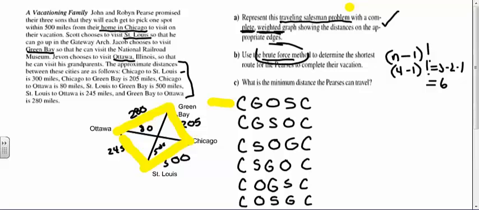So let's scribble that down real quick, or use your calculator. If you take your calculator and add up 205 miles plus 280 plus 245 and 300, you get 1,030 miles. And that would be the same as going in the reverse order, from Chicago to St. Louis to Ottawa to Green Bay to Chicago.